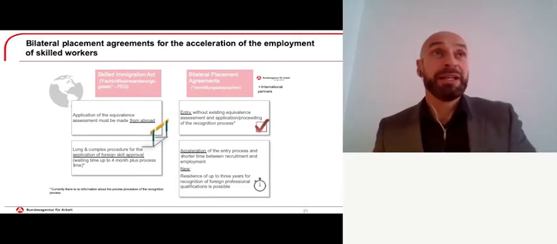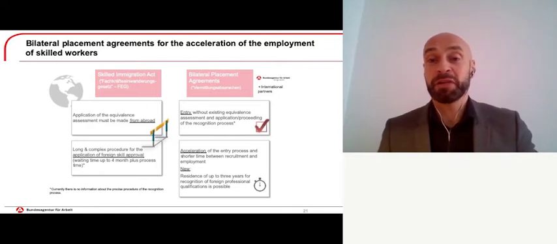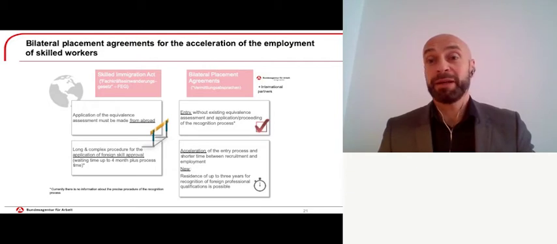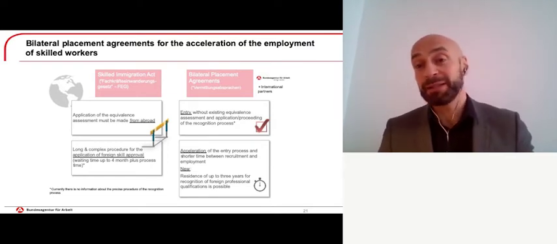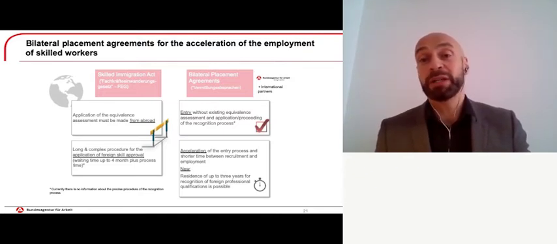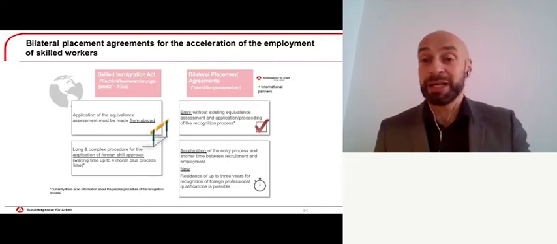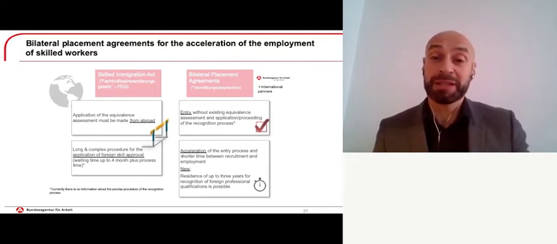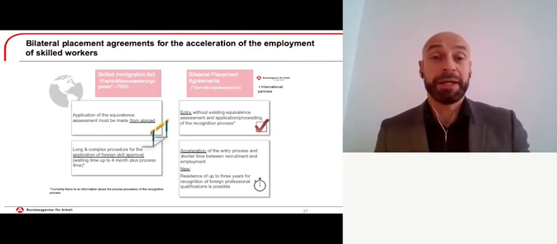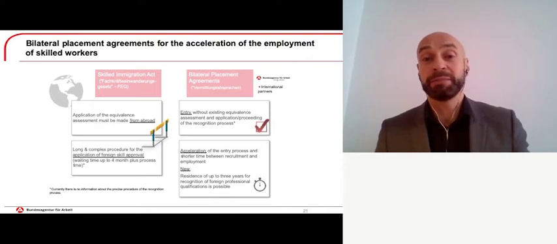As I mentioned, in general, candidates coming to Germany need, besides the job offer, the recognition of their skills already, but with the instrument of bilateral placement agreements that can be negotiated by us as the German Public Employment Service with our partners, it is possible to enter the German labor market without having the skills already recognized, and then the process can be started after arrival in Germany. And that actually accelerates and eases the process a lot.